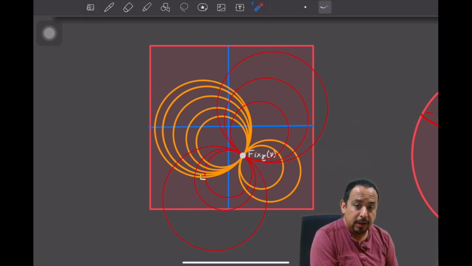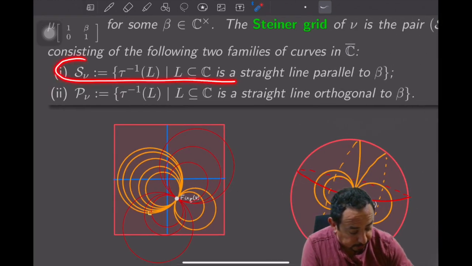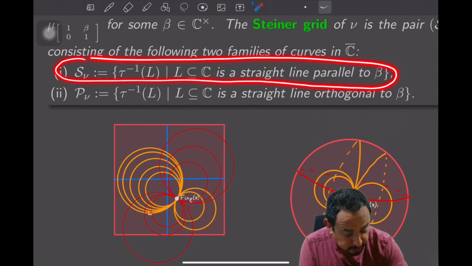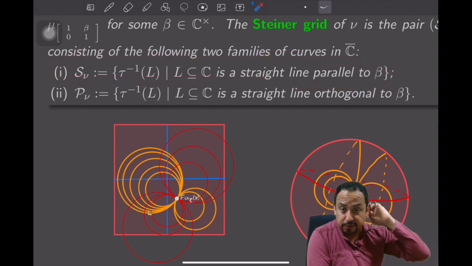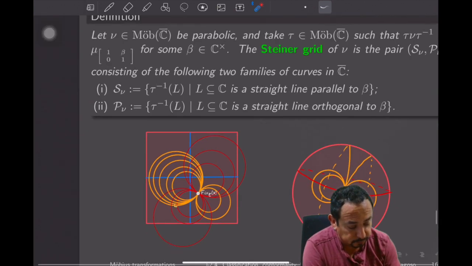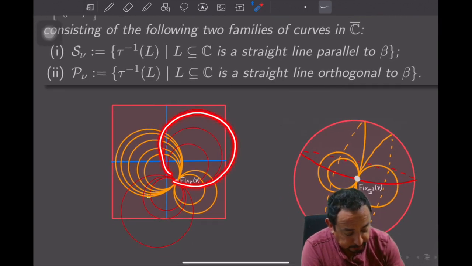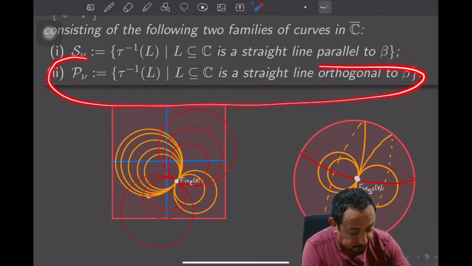where here I'm thinking that the orange circles are the members of the first family, and so each of the orange circles is stable under nu, and that the red circles here, I'm thinking that they are the members of the second family.